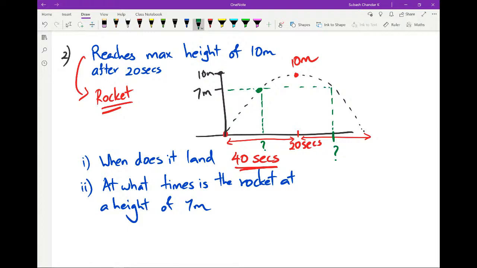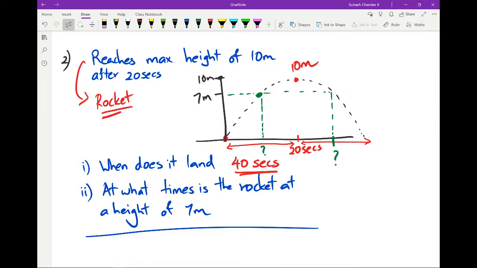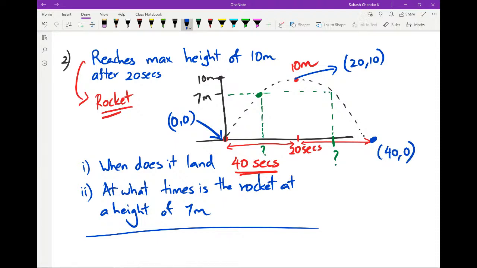All right, so let's have a look at how we're going to do this question. The thing that you need first is an equation for this parabola. So kind of breaking this parabola down, I need a different color here. Let's go with the blue color. The first point I'm going to work with is 0, 0. My second point is 20, 10. And my third point is 40, 0.